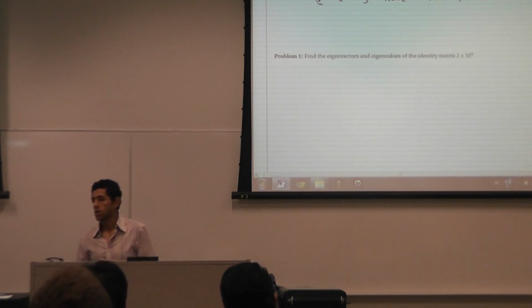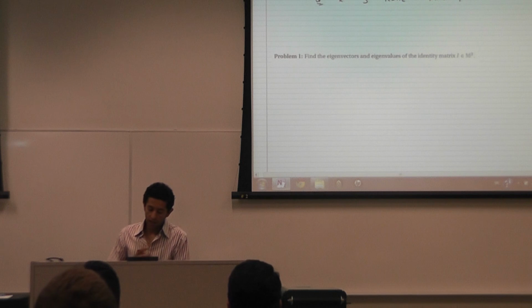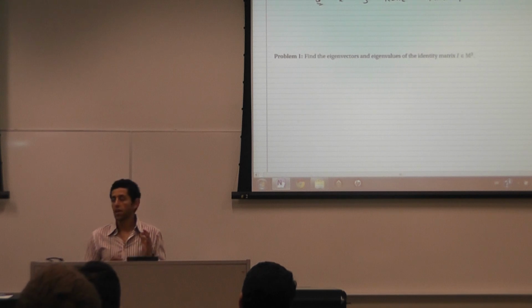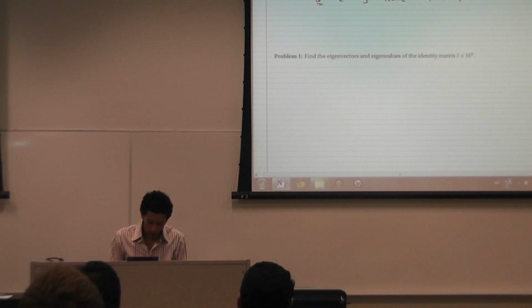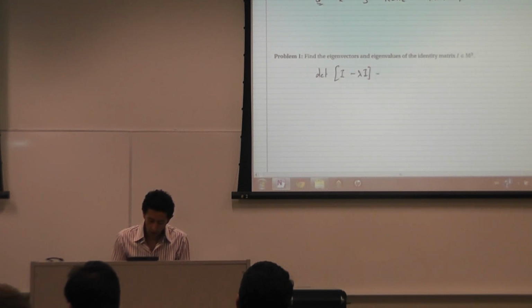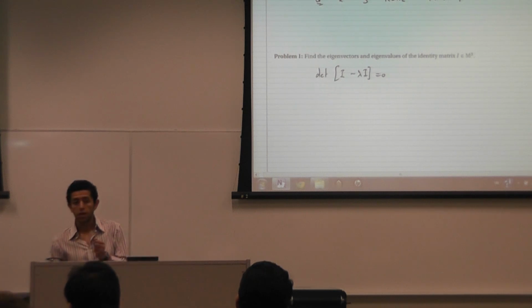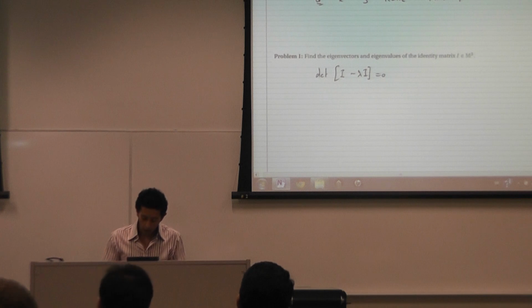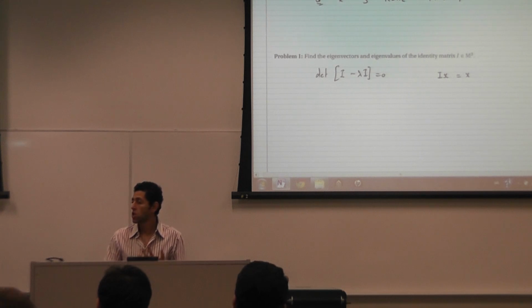So the first problem is we need to find the eigenvectors and eigenvalues of the identity matrix I. Now before you jump into calculating the determinant of I minus lambda I equals 0, and the procedure of calculating the eigenvectors and the eigenvalues, you should right away, from the definition, predict what the eigenvectors and the eigenvalues are. Because what happens when I multiply I by any vector x? I get x, which means x does not change its direction and does not even change its length.